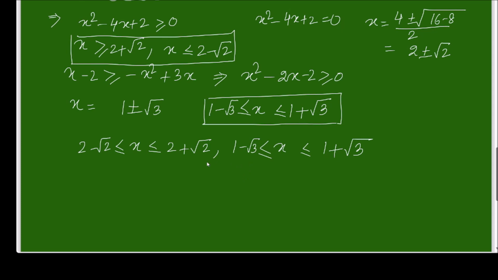Finding the common part of these two, this is the smallest one, so I'll write 2 minus root 2 to 1 plus root 3.